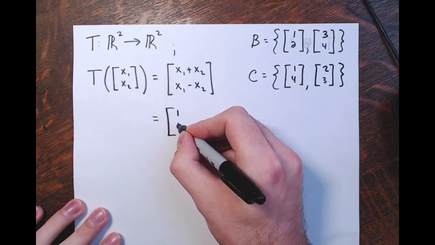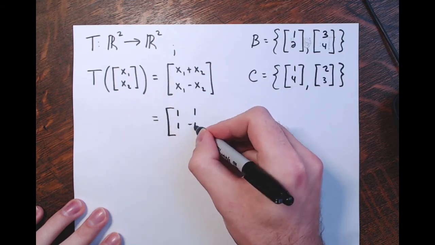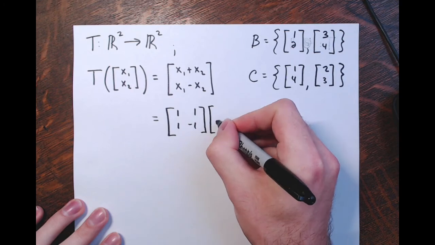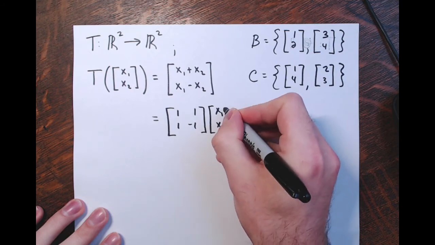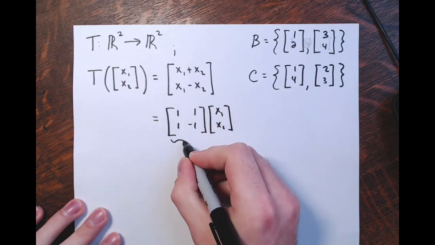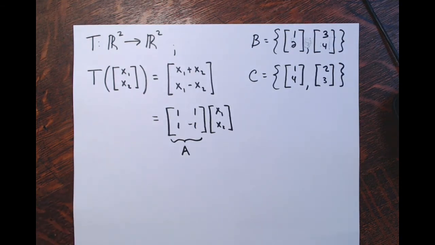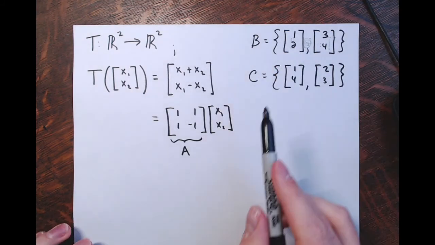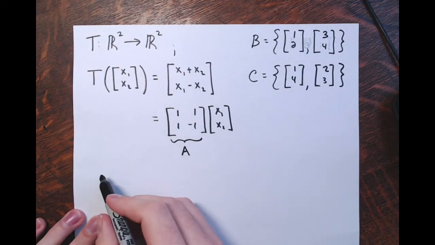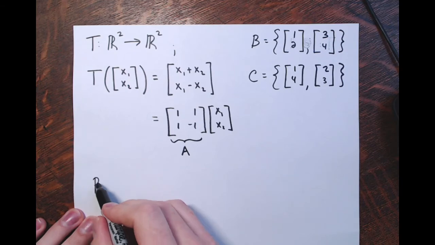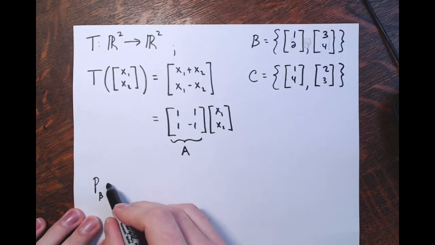And this would be coefficients of x1, coefficients of x2, times x1, x2 like this, right? So this is that A, the standard matrix A. And then what I want to find is PB and PC.